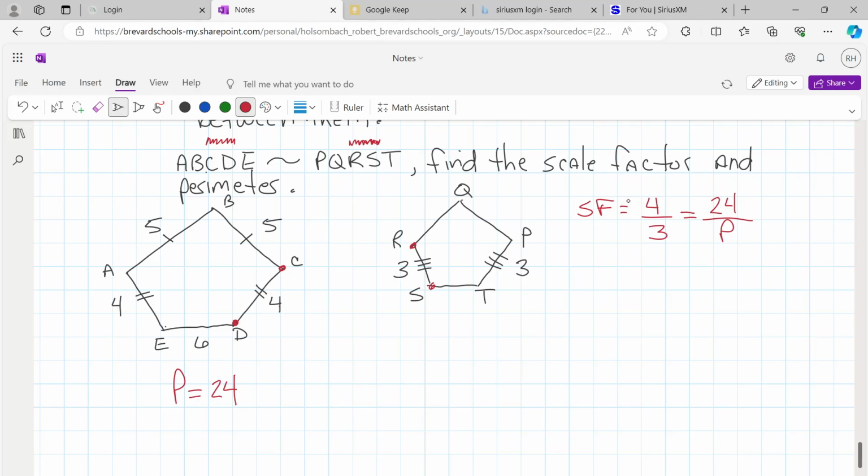So again, we're just going to crisscross multiply. We're going to take 4 times p, which is 4p, set it equal to 24 times 3, which is 72. Divide each side by 4. And our p is equal to 18. So we use the perimeter of the shape on the left and the scale factor to find the perimeter of the shape on the right.